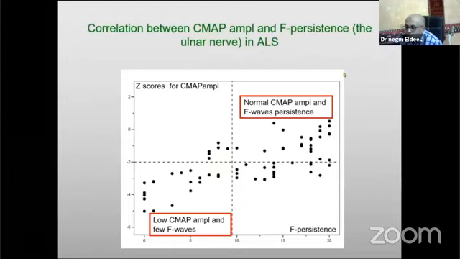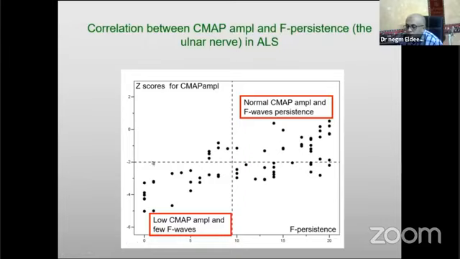One thing that we should think of is when we judge the persistence. If the amplitude is low because of loss of neurons, then we are expected to find fewer F responses. And here we have the amplitude of the CMAP in number of standard deviations from normal.